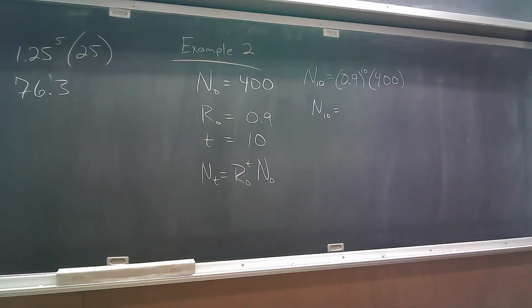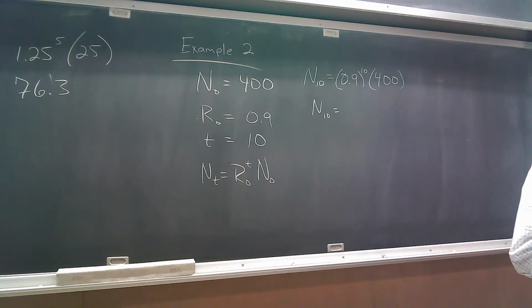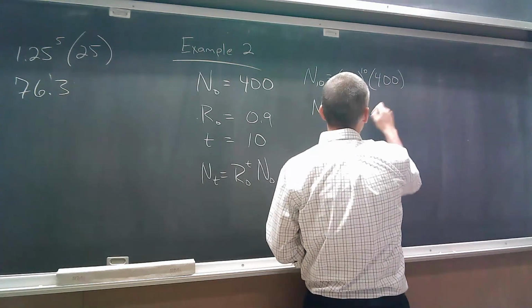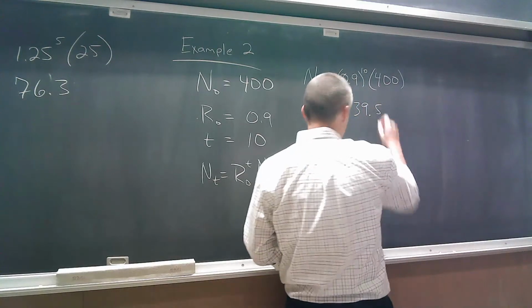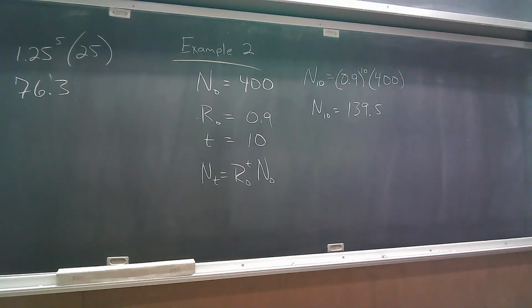Pull out my calculator. So 0.9 raised to the 10 times 400 is 139.5.